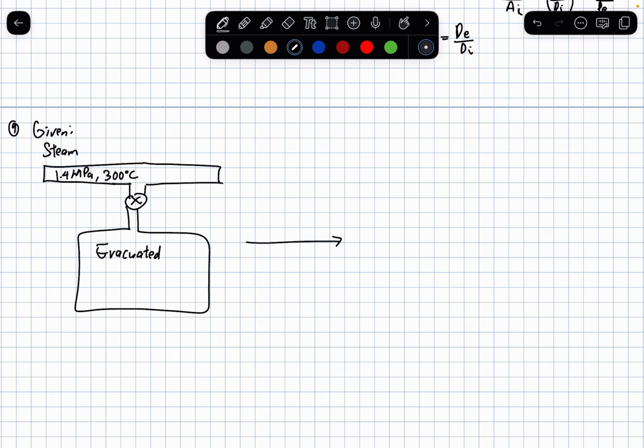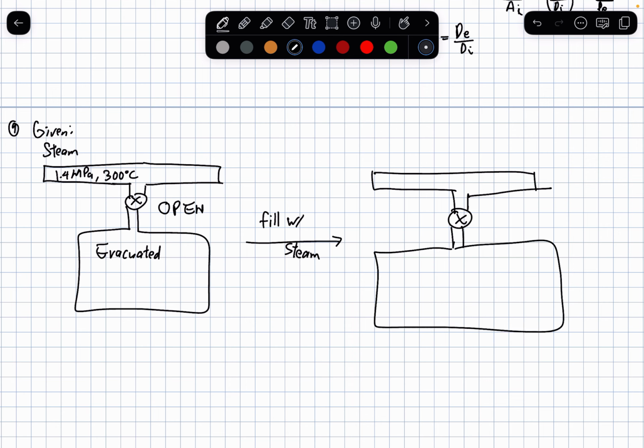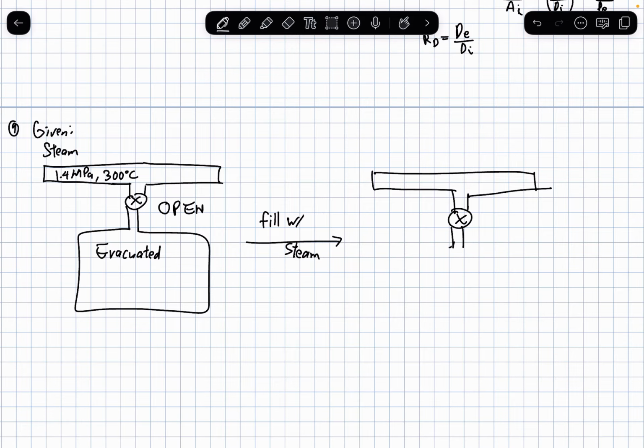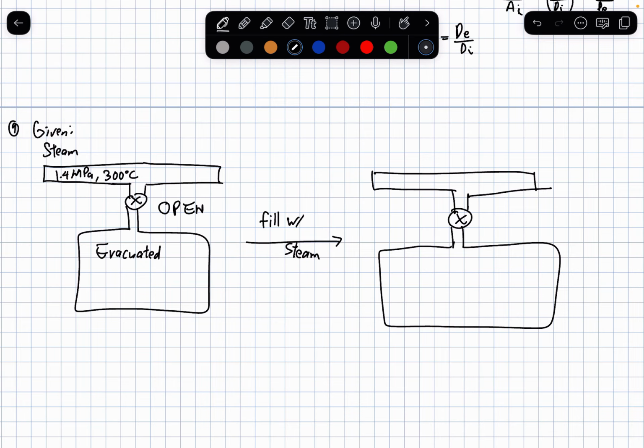The valve is opened and the tank fills with steam until the pressure is 1.4 megapascal. Then the valve is closed. The process takes place adiabatically.